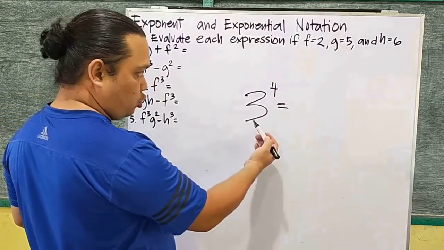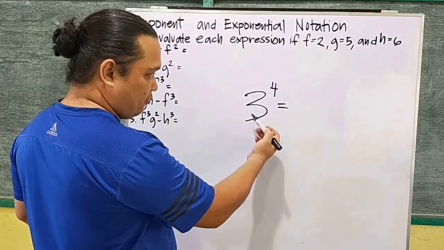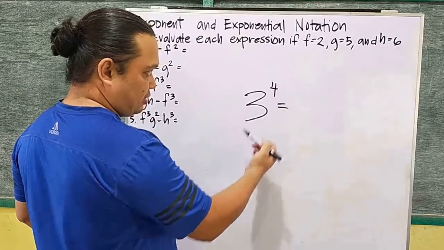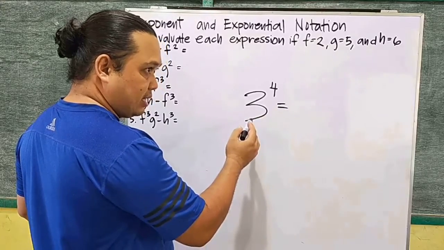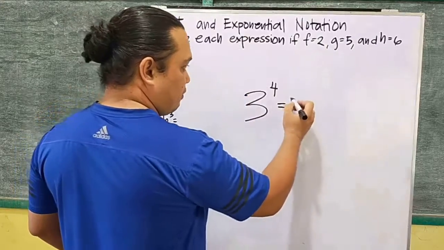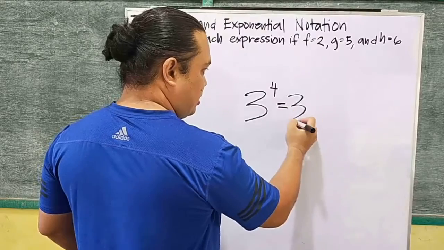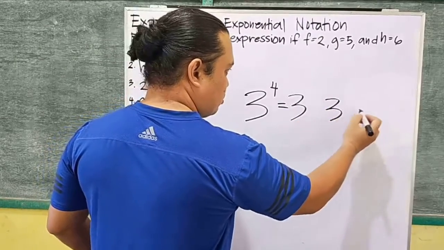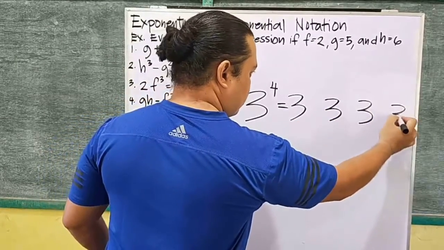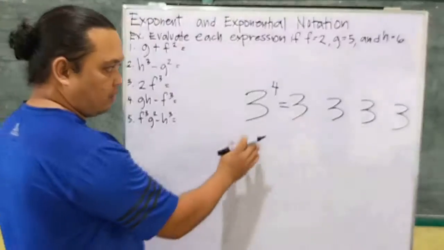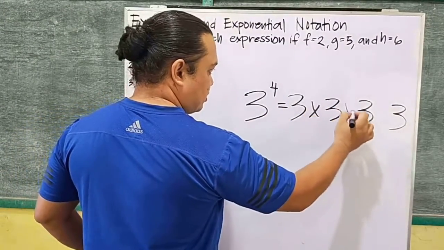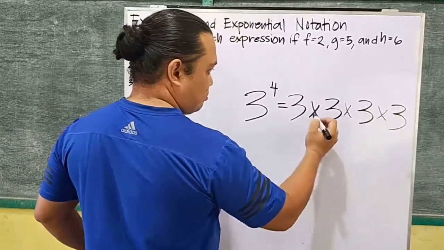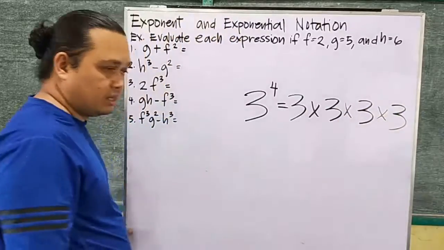We are going to use 3 as our factor multiplied 4 times, or multiply 3 by itself 4 times. So we have 3, 1, 2, 3, 4: 3 times 3 times 3 times 3.